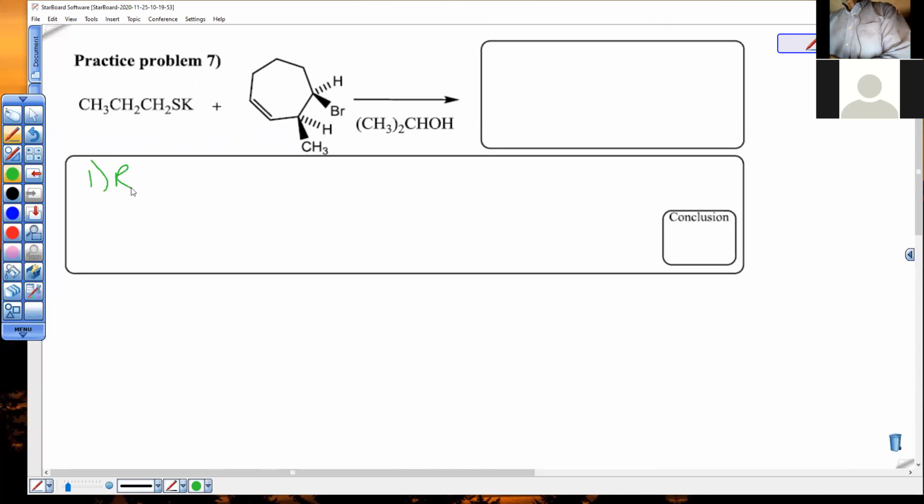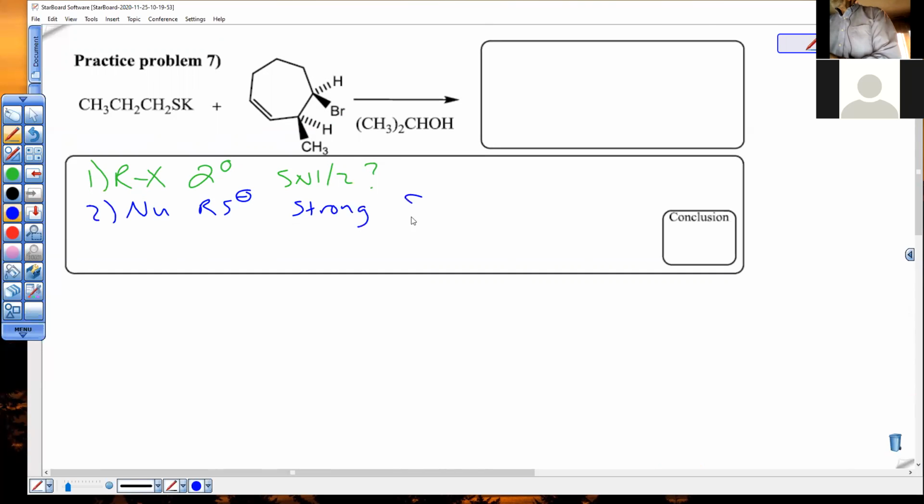Carbon with a leaving group starts off secondary. So originally, I don't know if it's SN1 or SN2. This nucleophile has us leaning towards SN2. So you're thinking, I'm going to just go to SN2. Strong is the category. SN2 is the conclusion. But keep in mind, solvent, polar protic. Just a comment down here, you don't need this in your answer.